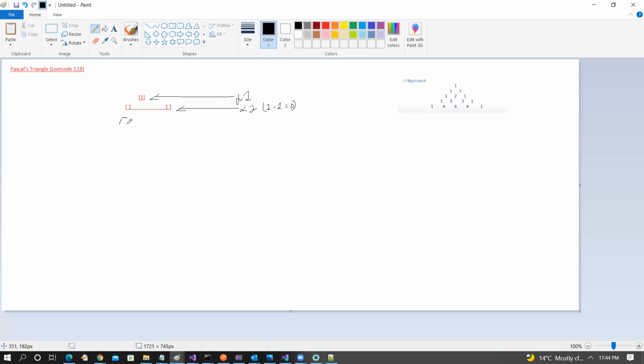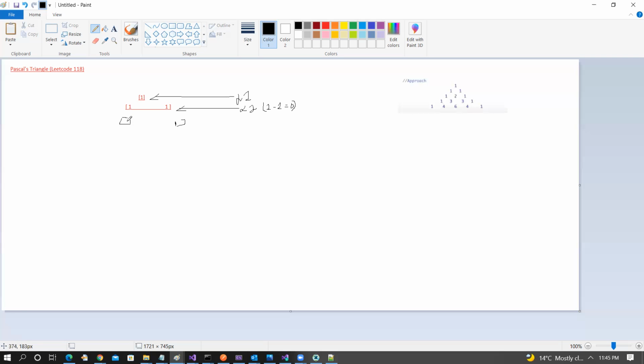Now in the next row, as we mentioned, there will be 1 at the extreme left and extreme right. The question is how many elements will reside between these two ones.